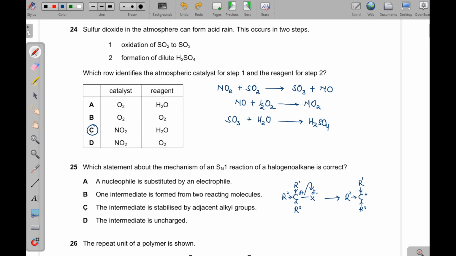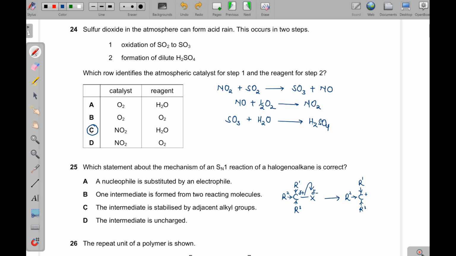So a tertiary carbocation is more stable than the secondary carbocation, and in turn more stable than the primary carbocation. You see that? Primary halogenoalkanes undergo SN2, okay?